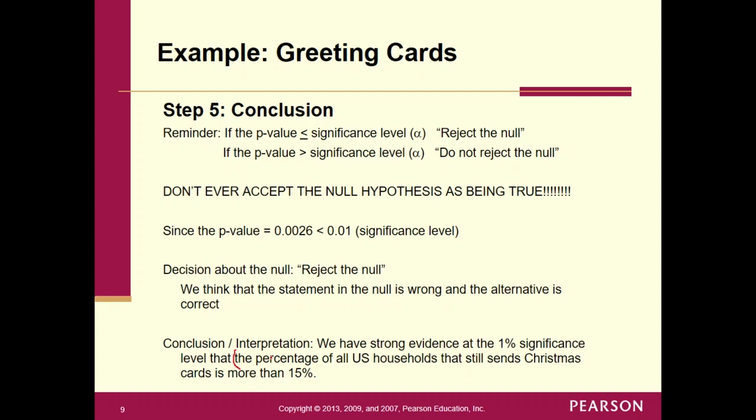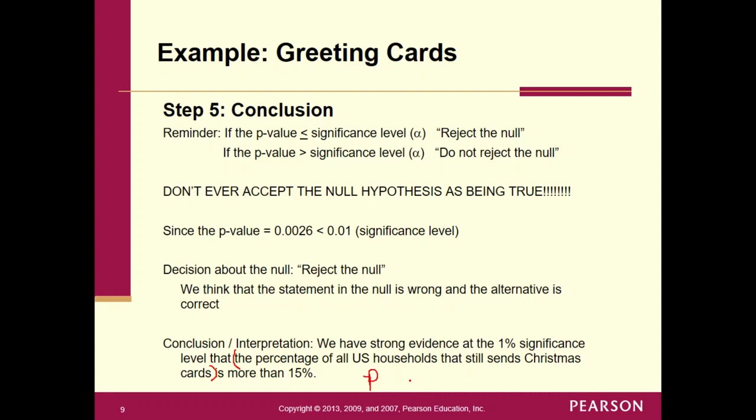Notice, all of that is p for the problem. So all I'm saying is that we have strong evidence that p is greater than 15%. That's it. I'm just putting it in words.